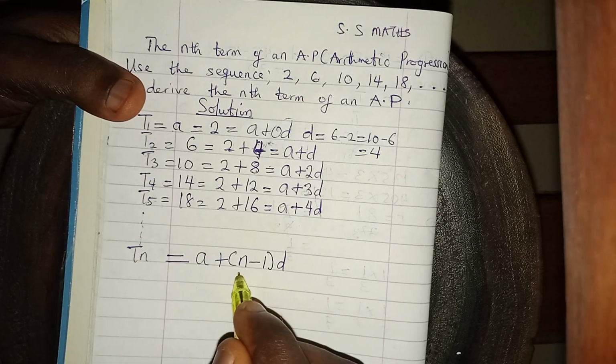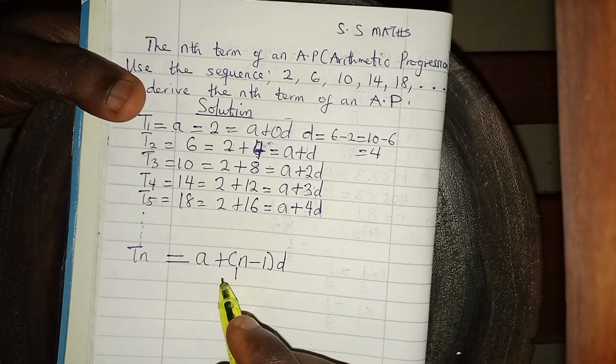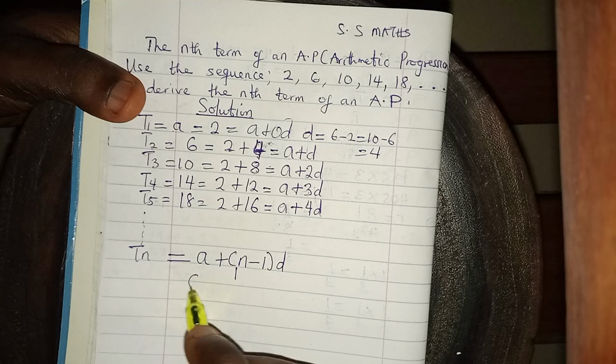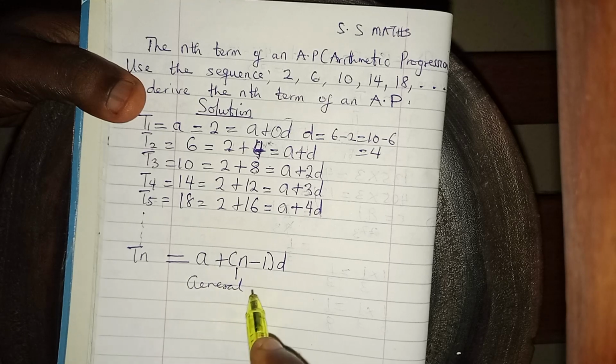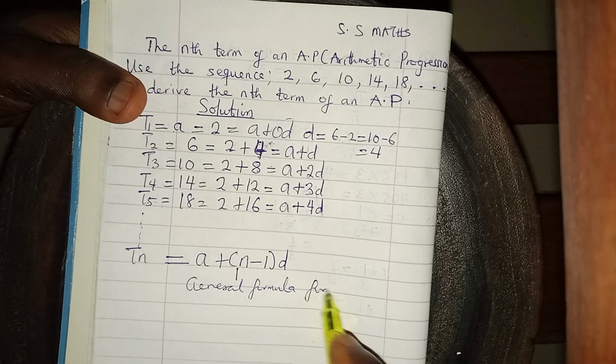So this is the formula for calculating the terms of an arithmetic progression, the general formula for AP.